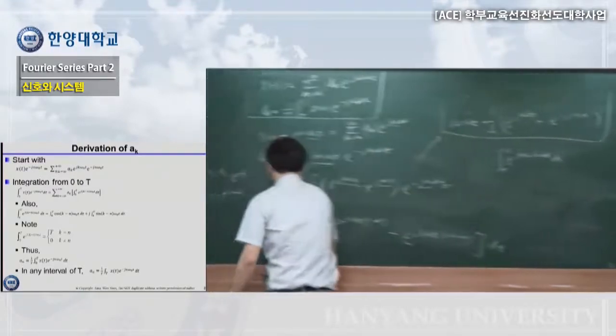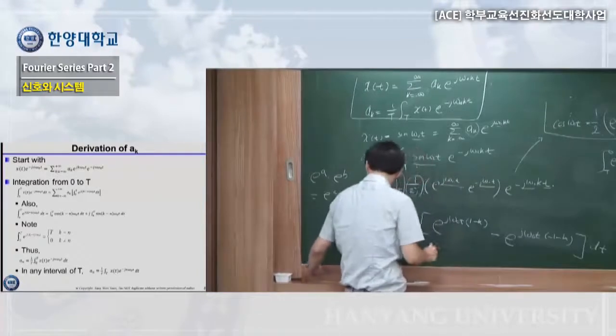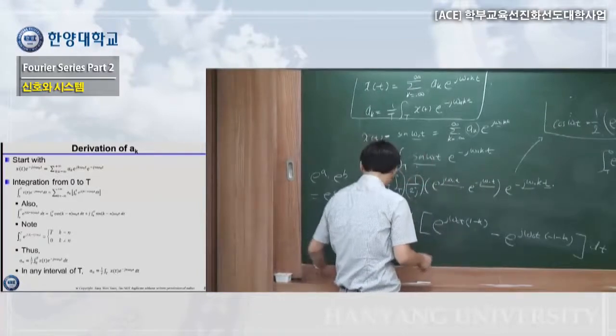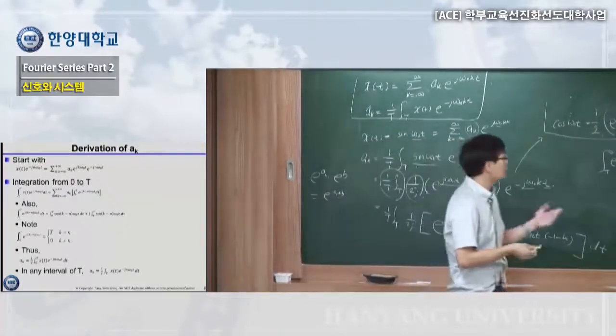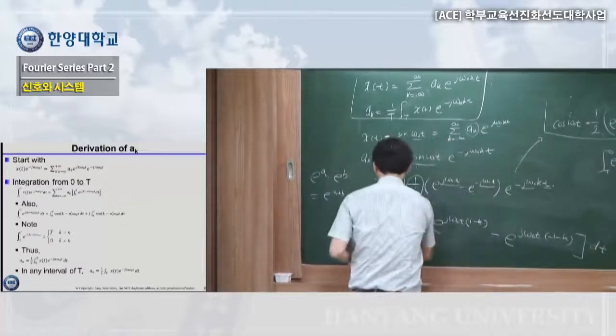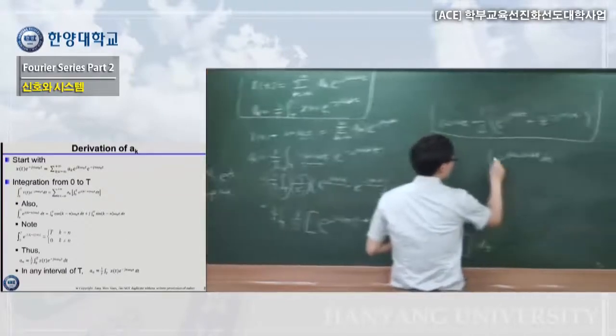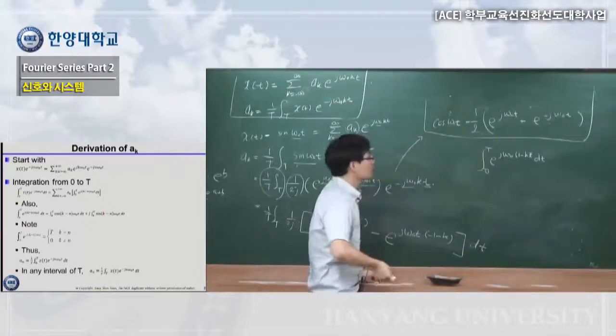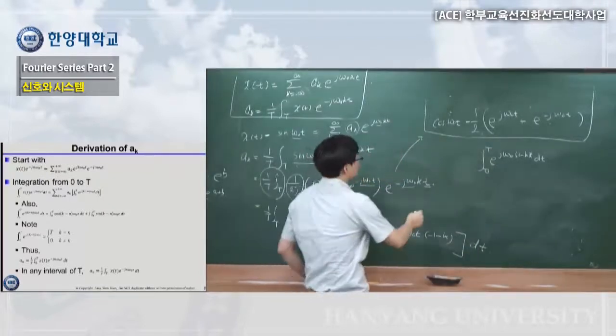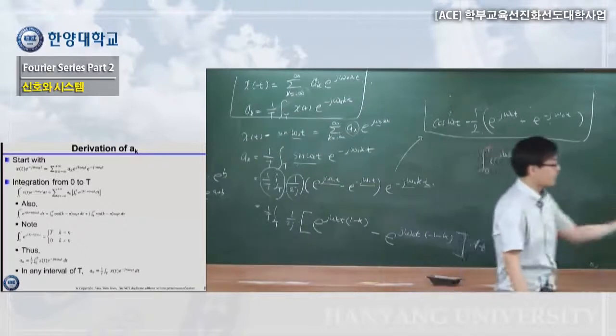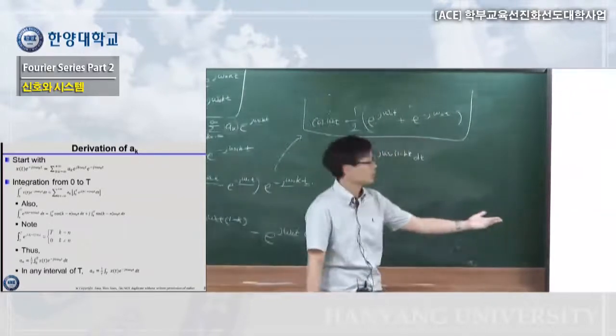Let's use this. If you see this one, you can see similar things. I'm sorry, I wrote them in a reverse way, T. So there's also T. The same form, right?